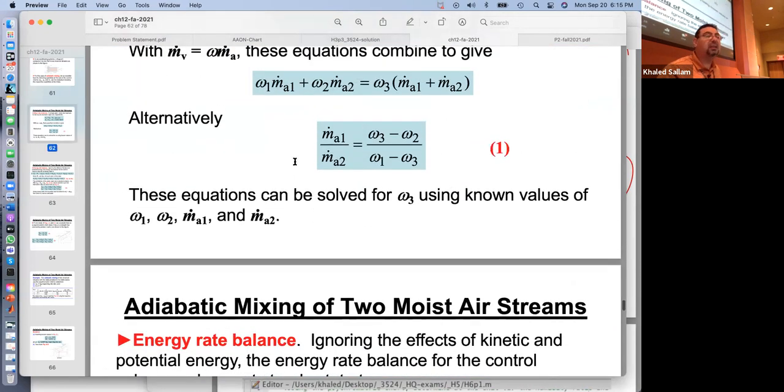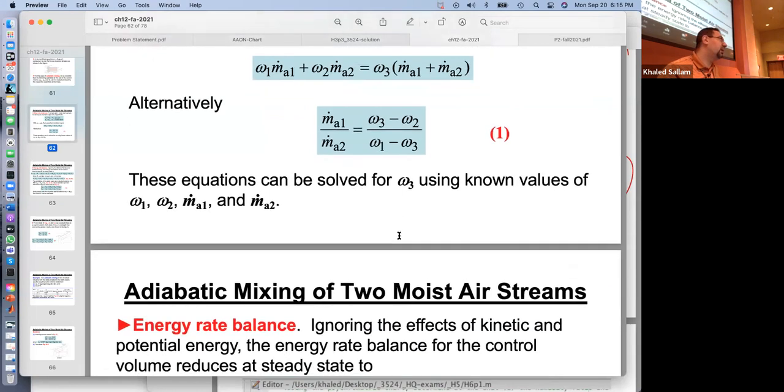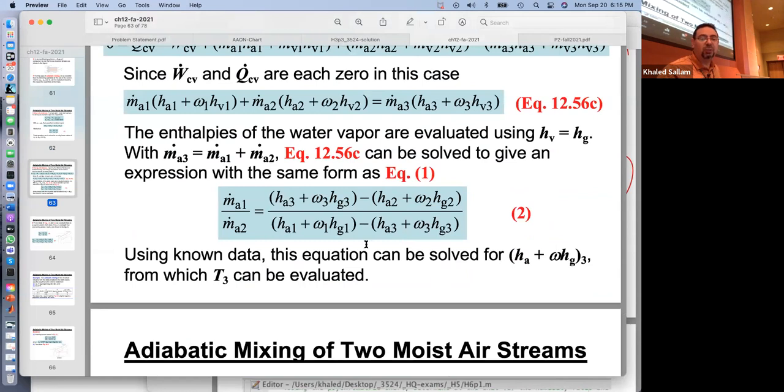It's exactly like this equation, except not omega, it's energy now. So we should expect the same trend. I mean, kill m dot air 1, make this guy 0, and what will happen? H3 becomes H2. Kill 2, make it 0, and 3 will be 1. So it's the same thing. It's a mathematical average, weighted by m dot.